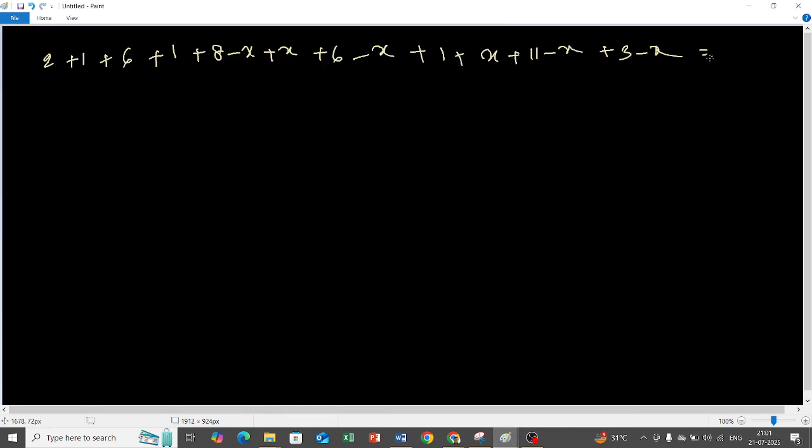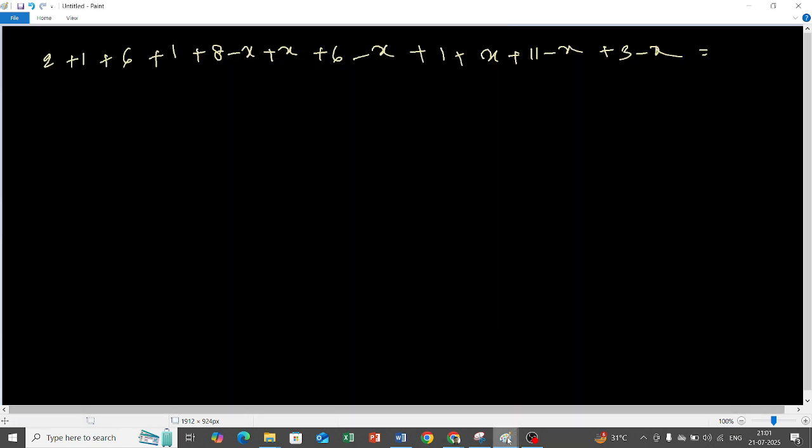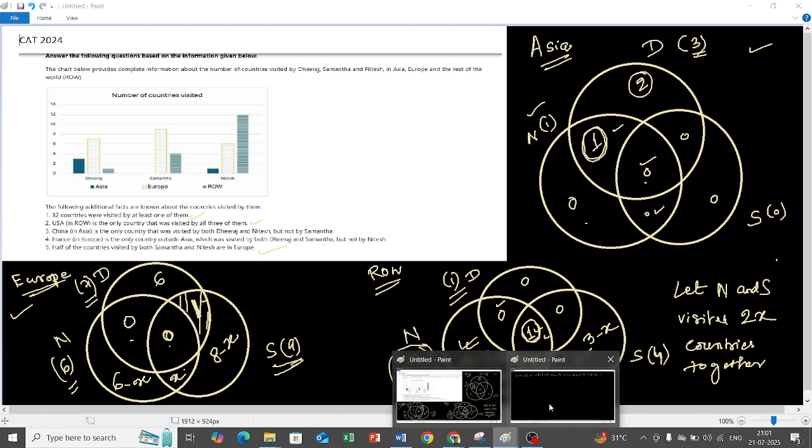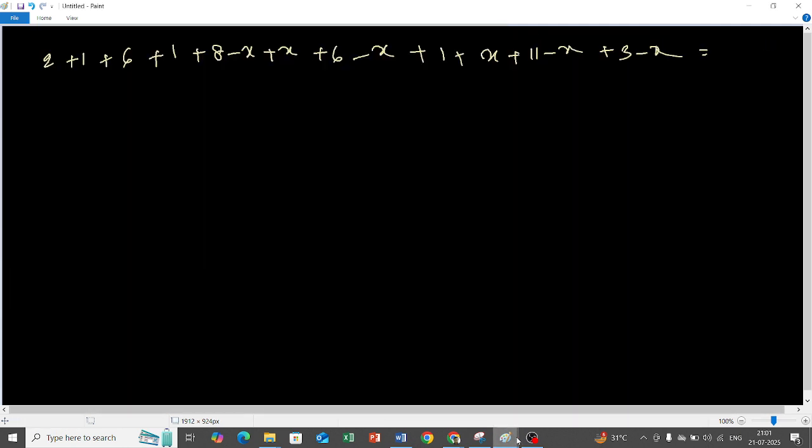Okay, equals to, all have I taken: 1, then x, then minus x, 3 minus x. All of them equals to 32.